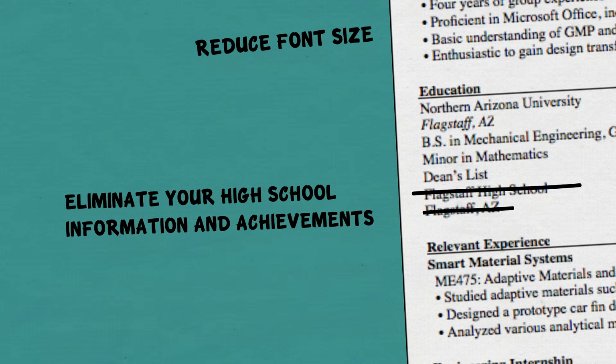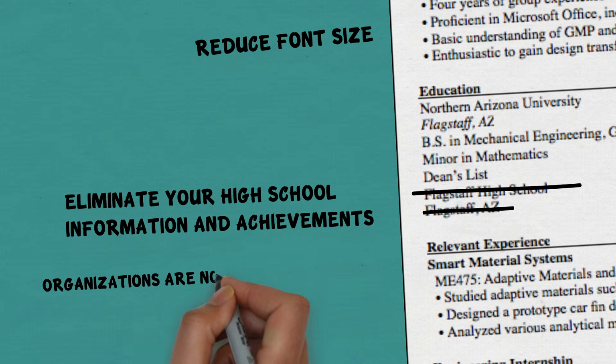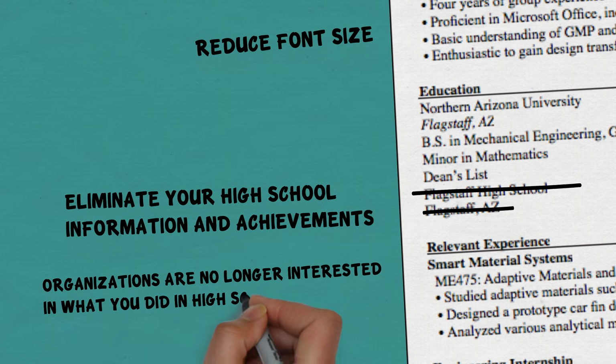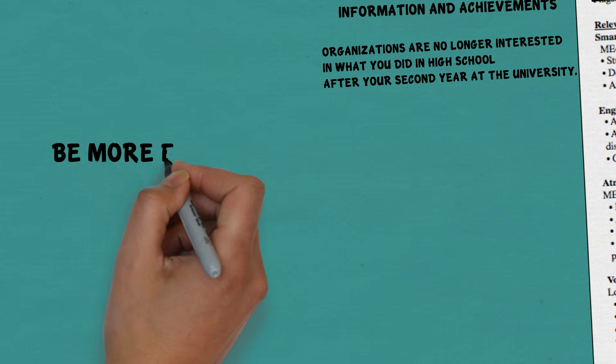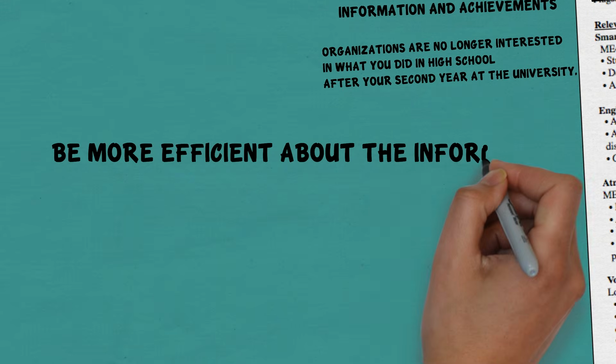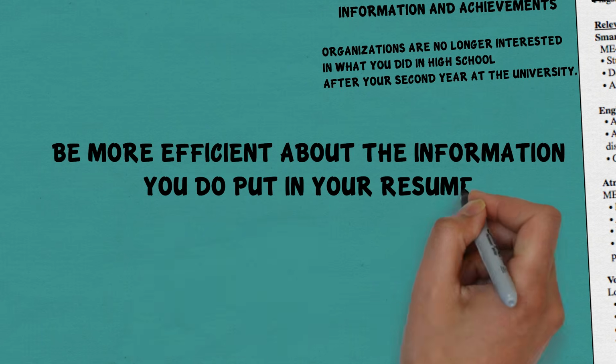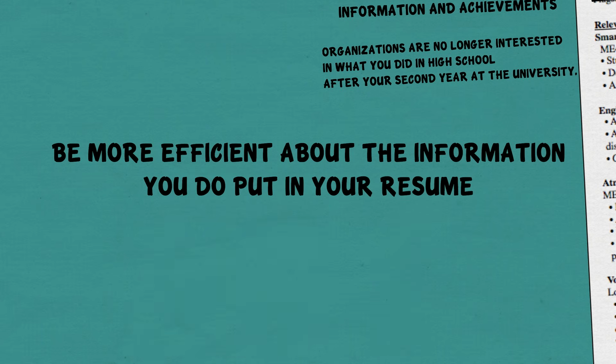This is a must after your second year of university anyway. After that point, organizations are no longer interested in what you did in high school, just what you've done since then. And be more efficient about how you write the information you do include on your resume. We'll talk about how to construct efficient, specific statements for your resume shortly.